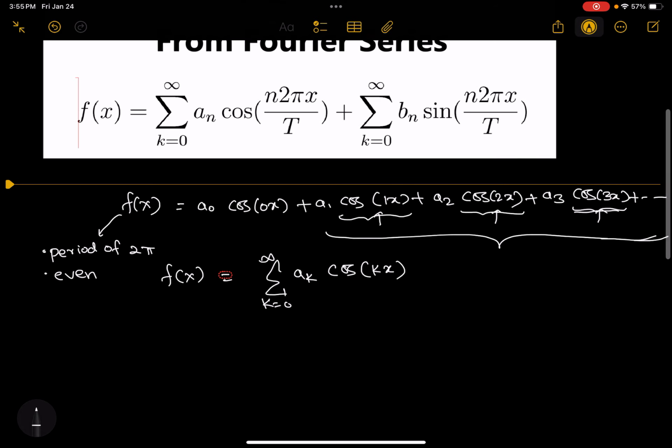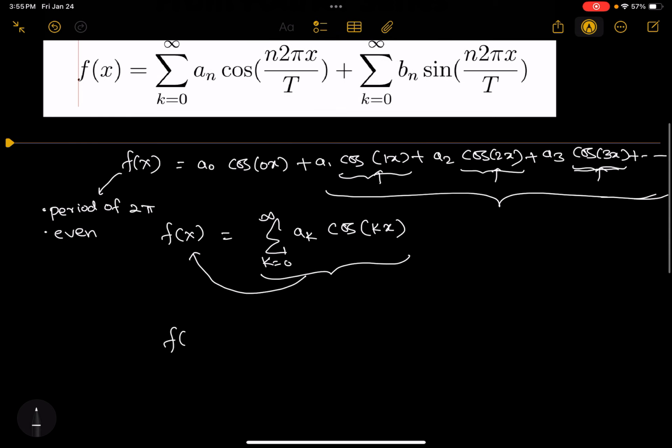Now, the interesting thing is not just that this gives us a function which is even and 2 pi periodic, but the fact that any such function can be written this way. Take f(x) equals x square.